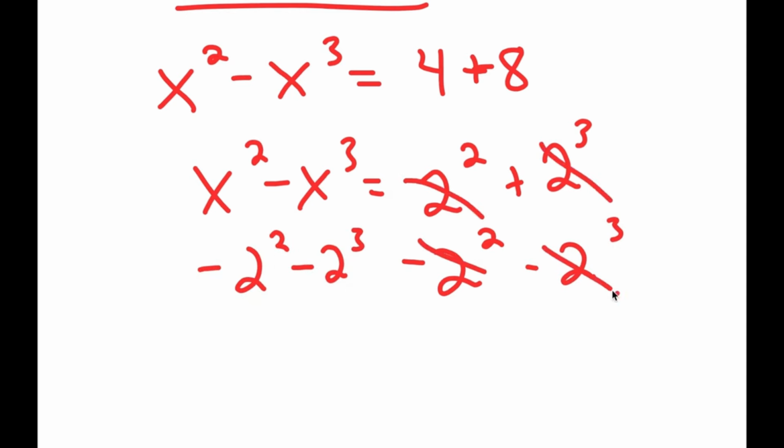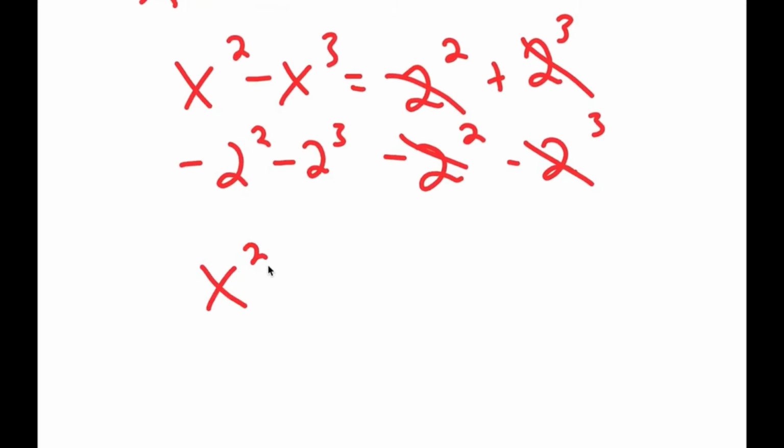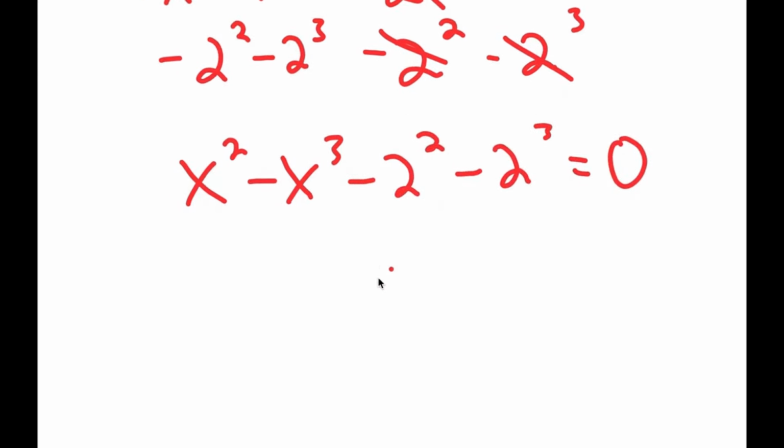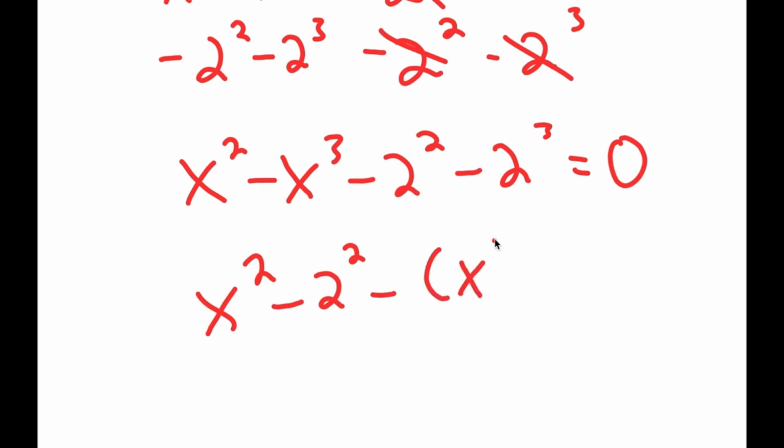So then these two cancel out, and I get x squared minus x to the power of 3 minus 2 squared minus 2 to the power of 3 is equal to 0. Now I'm going to group all the powers of 3's and the powers of 2's together. So I get x squared minus 2 squared minus x to the power of 3 plus 2 to the power of 3 is equal to 0.